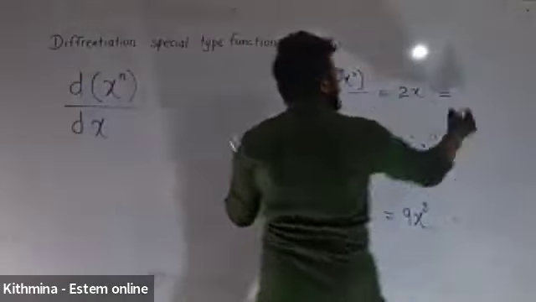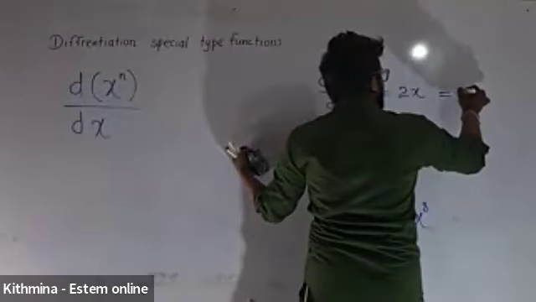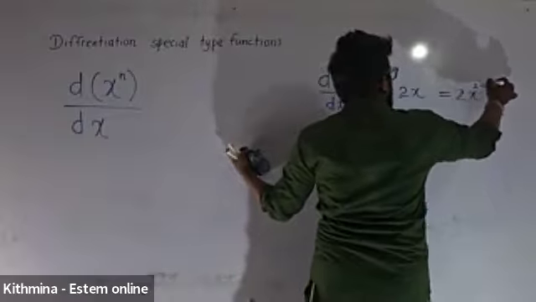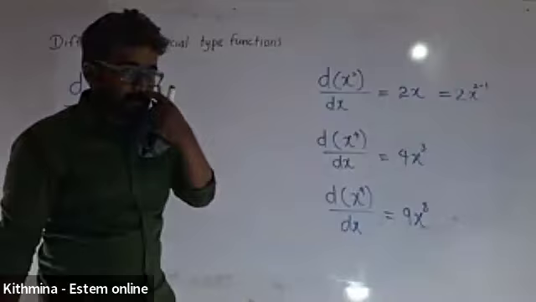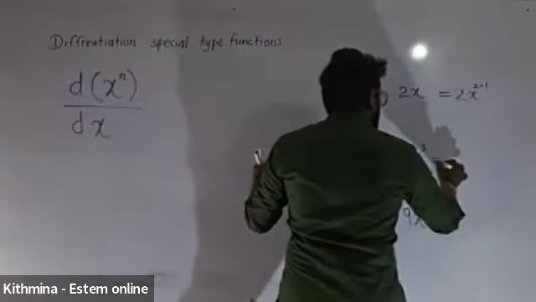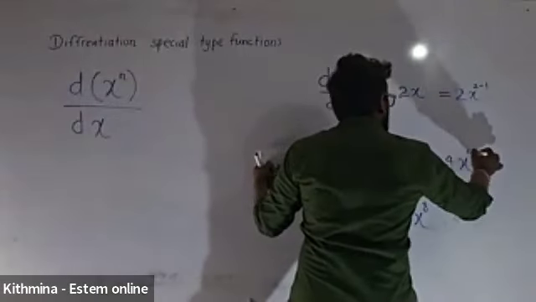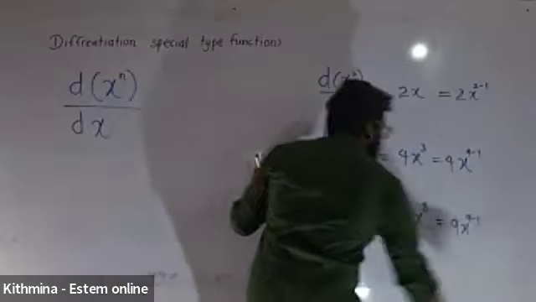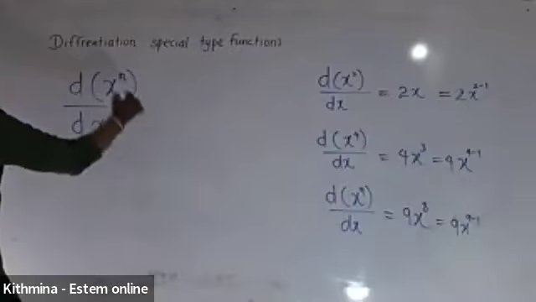This can be written as 2x to the 2 minus 1, 4x to the 4 minus 1, 9x to the 9 minus 1. Then what's the answer of this?